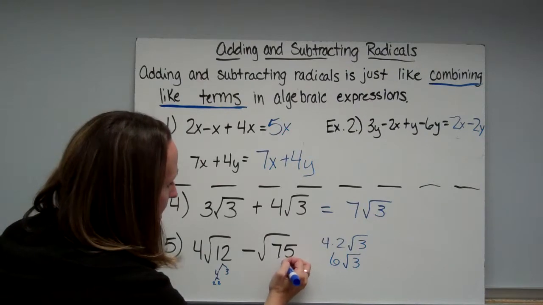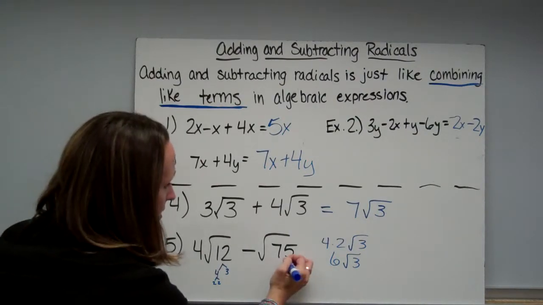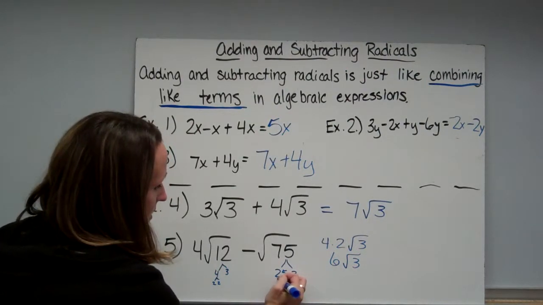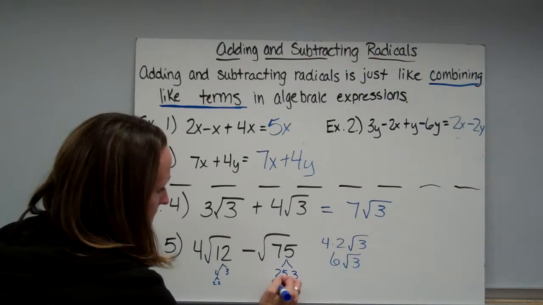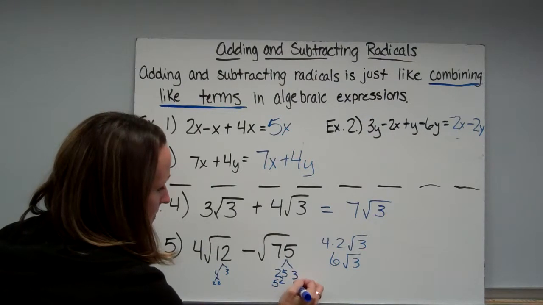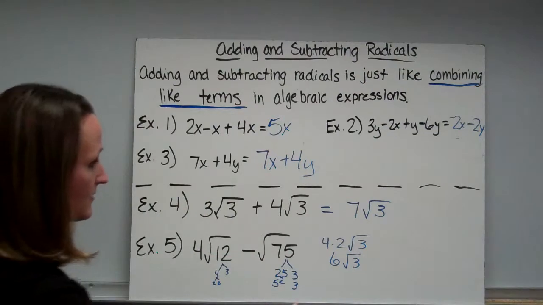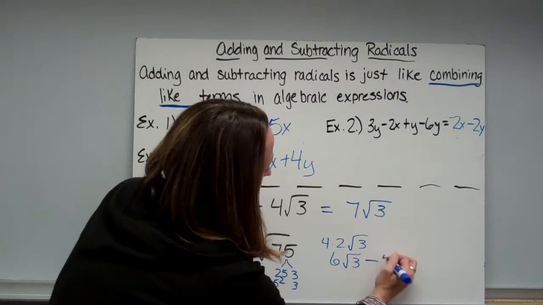And now 75 breaks down to 25 times 3, or 5 squared times 3, which means I'm going to have a 5 that comes out and a 3 left under it. And all of a sudden, look what I've done.